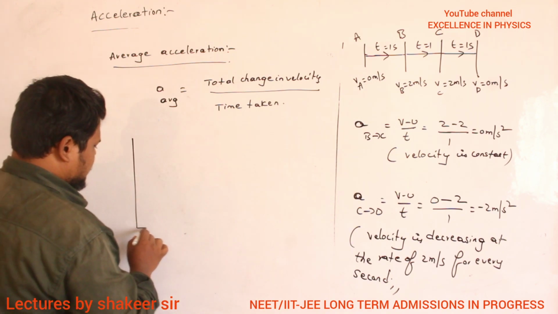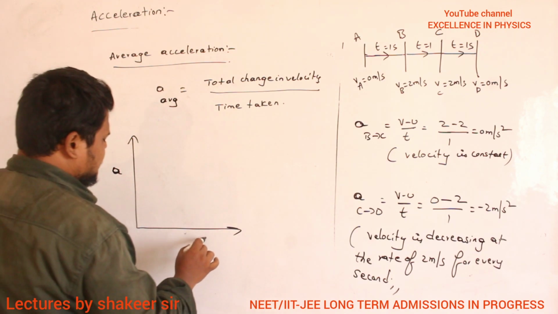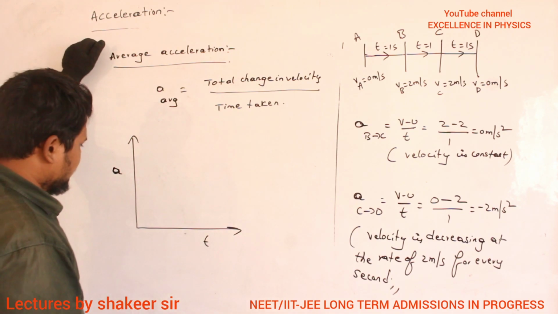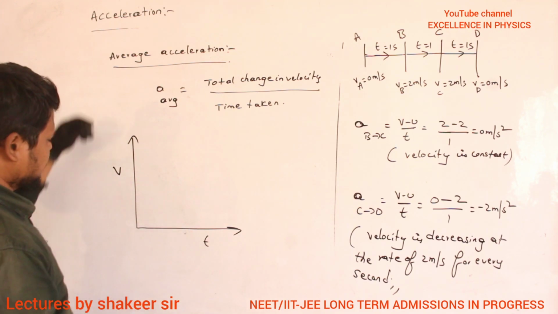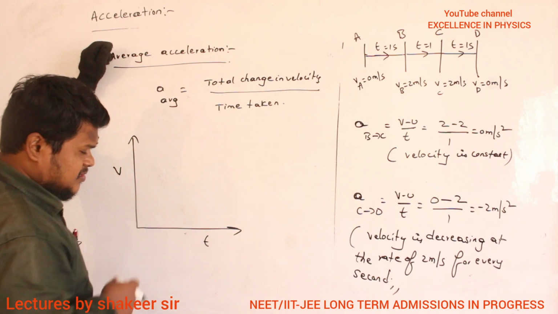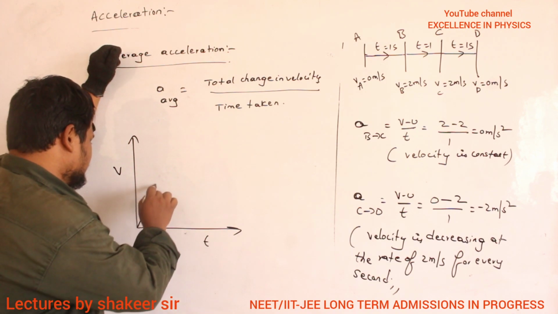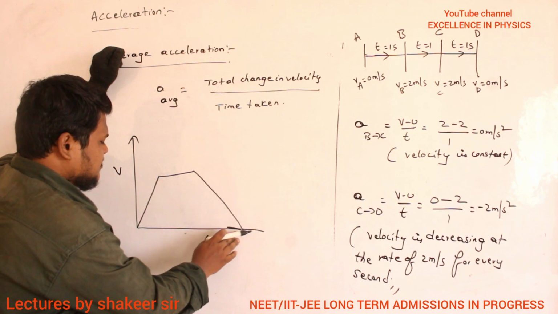Previously we drew a displacement to time graph, no? Similarly, I will draw this graph also, but this is a velocity and time graph.